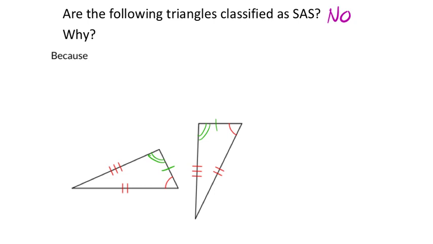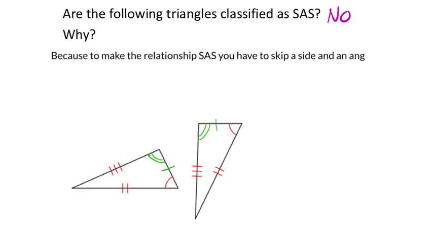Because to make the relationship side, angle, side, you have to skip a side and an angle. Boom. Which means that the actual relationship is side angle.